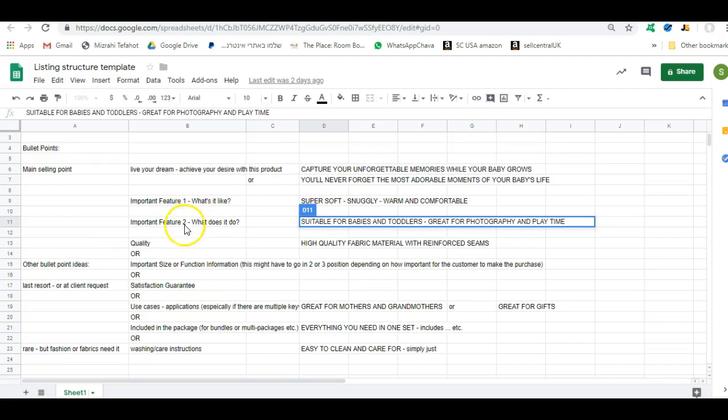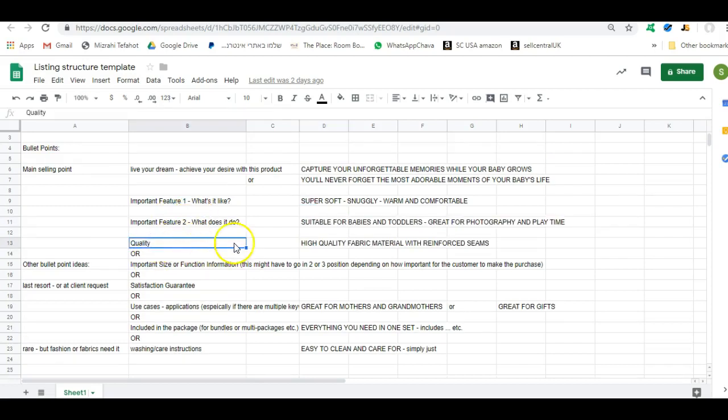There's a bunch of ideas that you can do. You can talk about the quality, the high quality fabric material, meaning when I say that fabric material, I would say if this is, let's say it was cotton, high quality cotton or hand woven cotton or whatever you want to talk about, with reinforced seams. You're showing what about it is the quality. You don't say high quality, right?